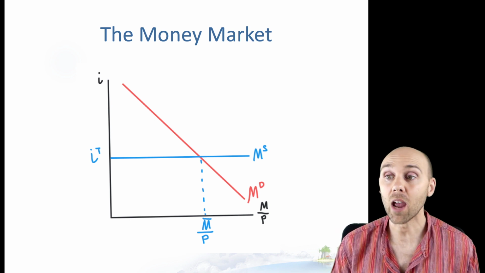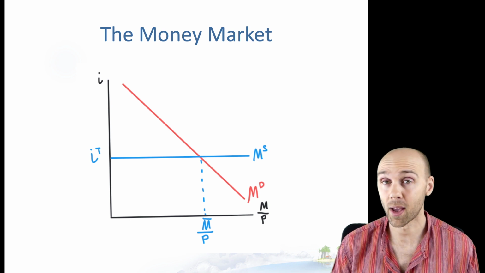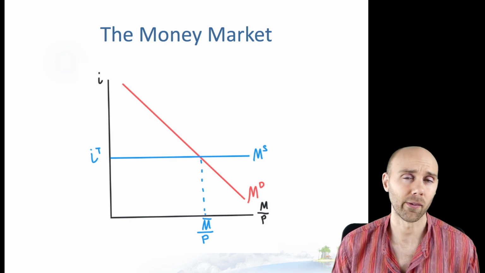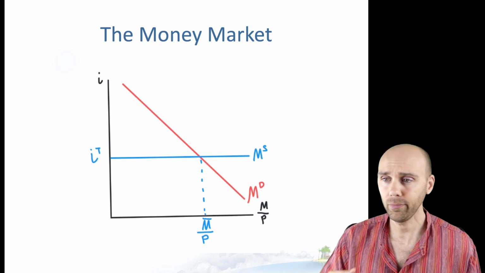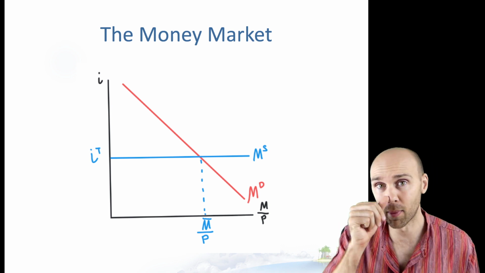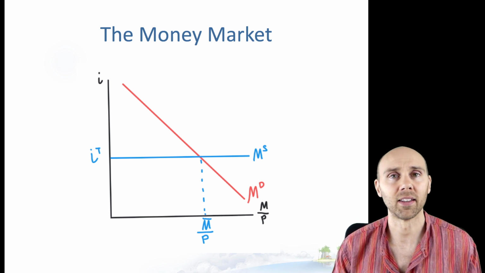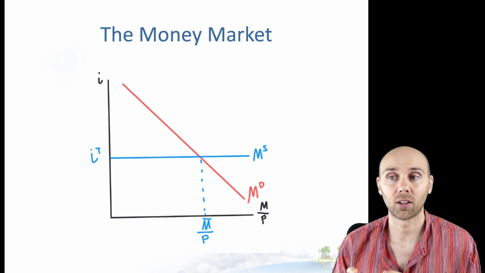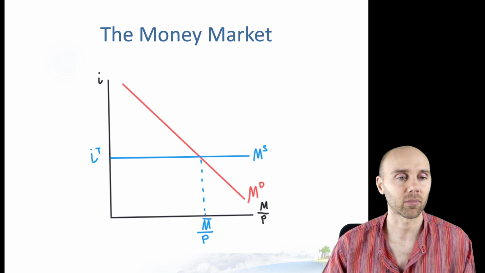We've got this M divided by P. We've got the money, either supplied or demanded, so the stock of money in the economy, divided by P. That's the price level, the overall price level, just in the same way that we saw the consumer price index is talking about sort of a bundle of goods. So basically what we're looking at there is the quantity of money controlling for the price level, or keeping that price level fixed.